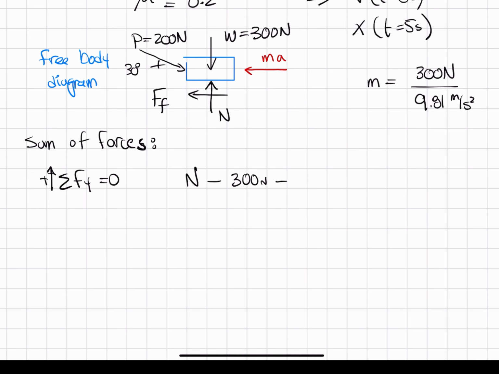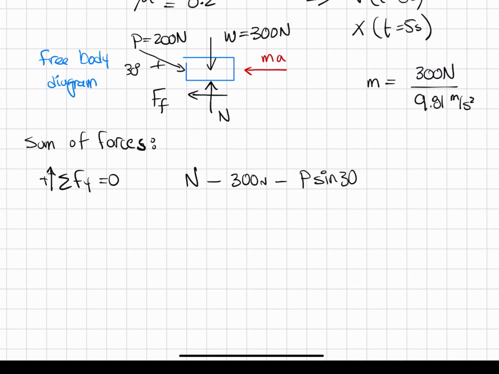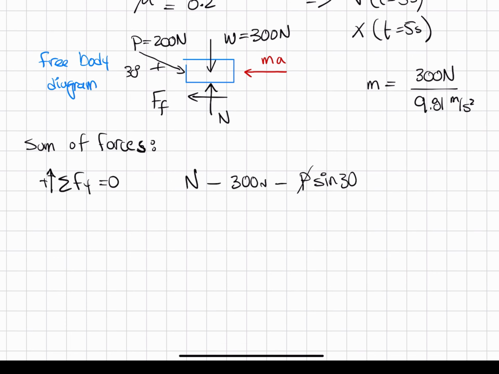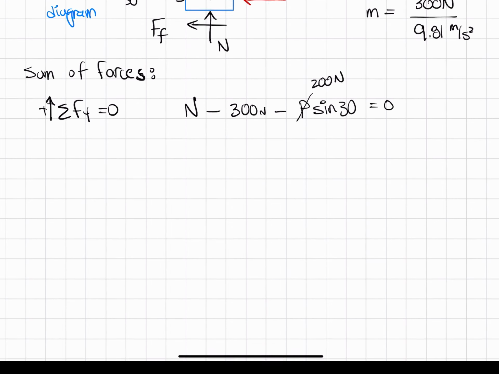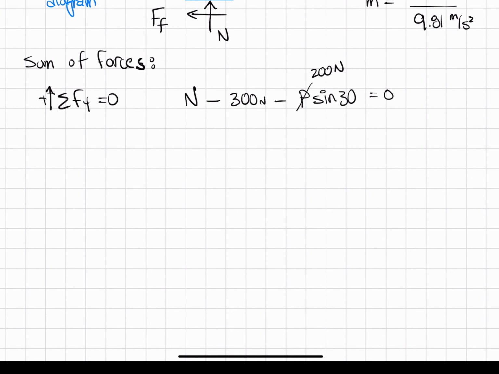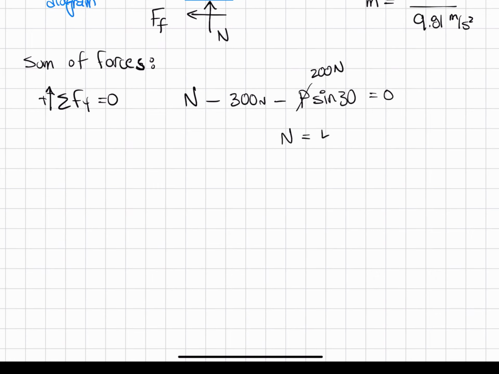So we have minus P sine 30, and P here is 200 newtons. And this whole thing is equal to 0. There is no mass times acceleration in the vertical direction. If we do our algebra correctly, we have N is equal to 400 newtons.